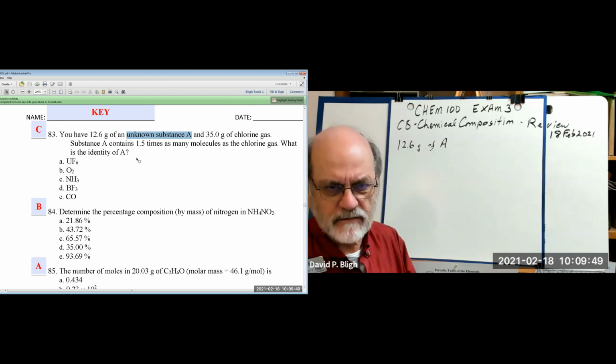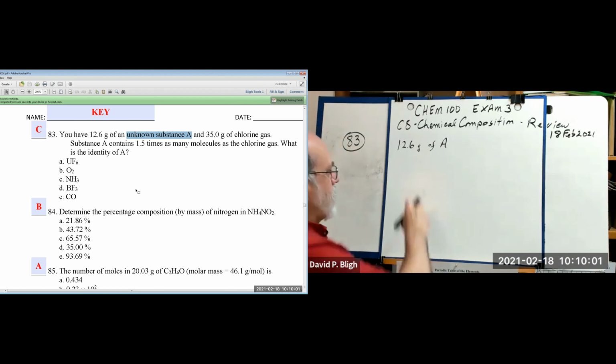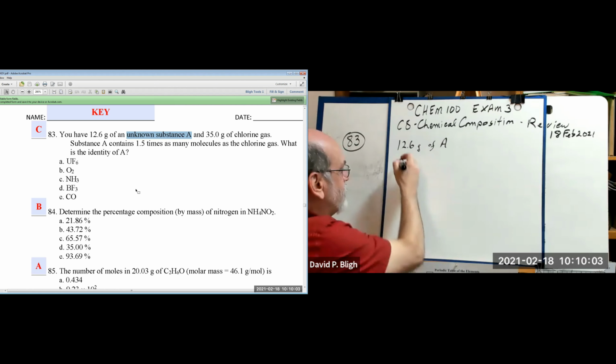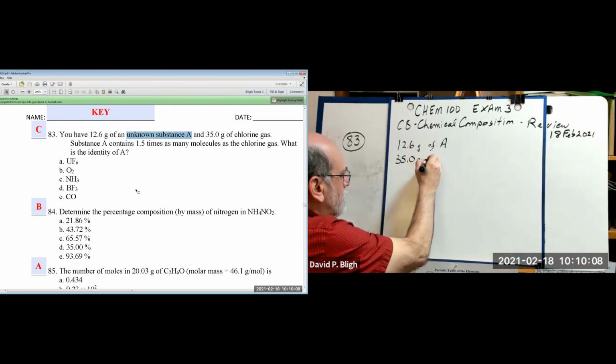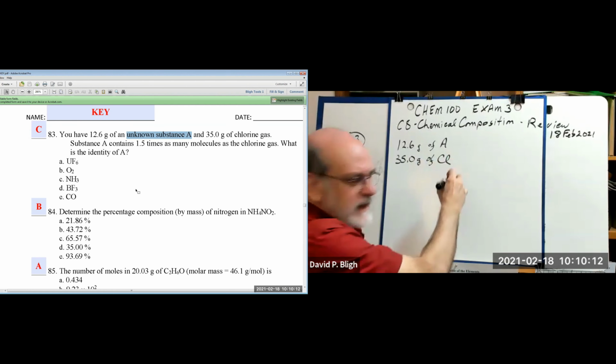You could take that in several different ways. In order to get the answer, what we need is an assumption. We have that much A and this much chlorine gas.